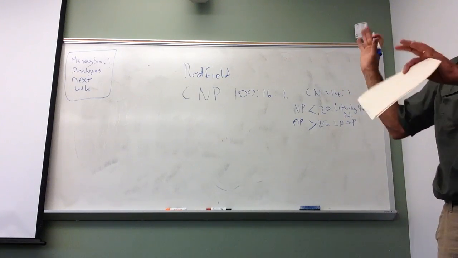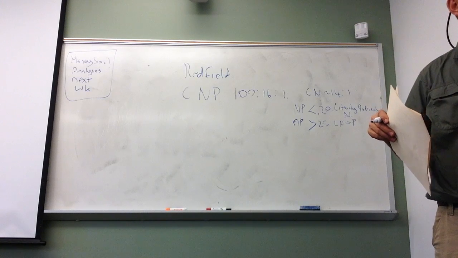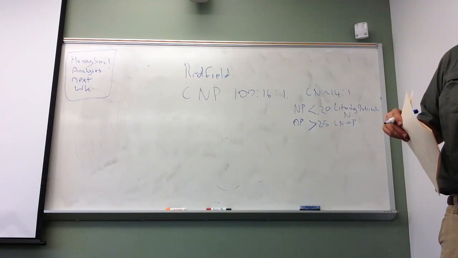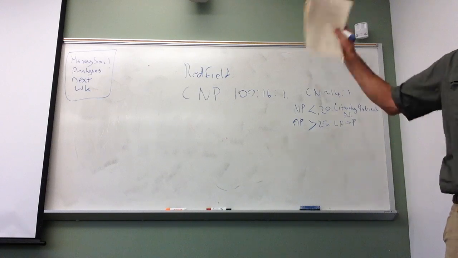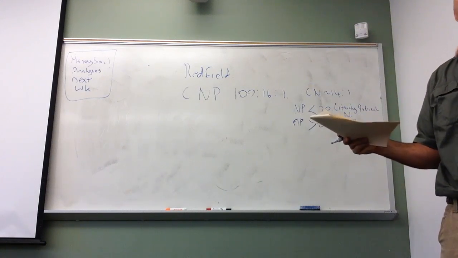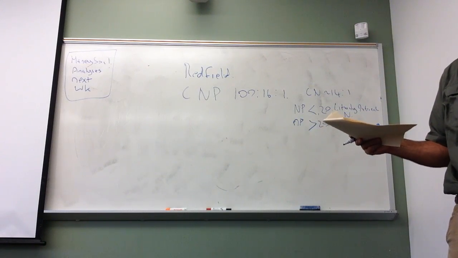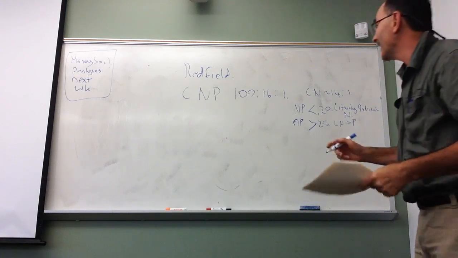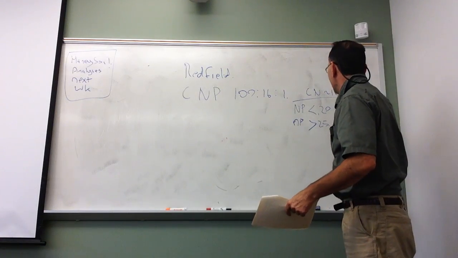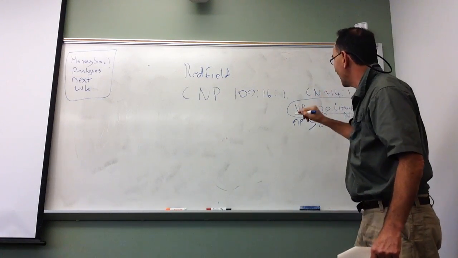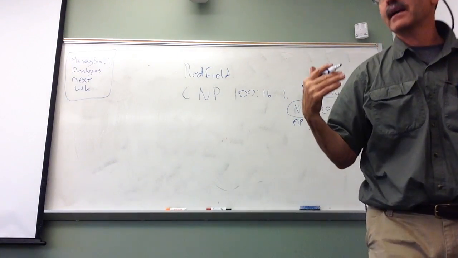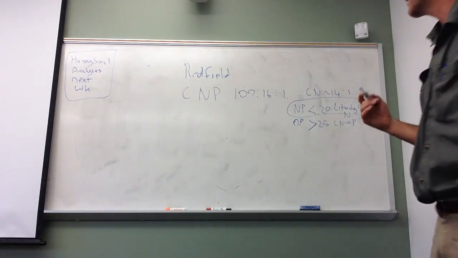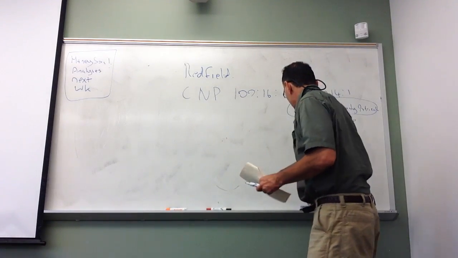So you could add as much, remember Liebig's law of the minimum? For instance, if you had a bunch of phosphorus but not enough nitrogen in the system, you could add all the phosphorus you want. It wouldn't make any difference because your nitrogen was a limiting nutrient. Well, he found the same thing in aquatic systems, that you could have phosphorus limiting or nitrogen limiting aquatic systems.